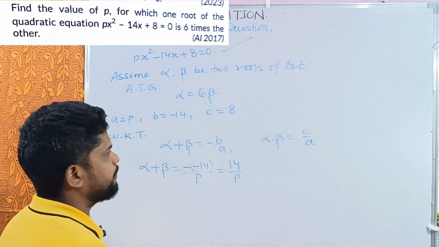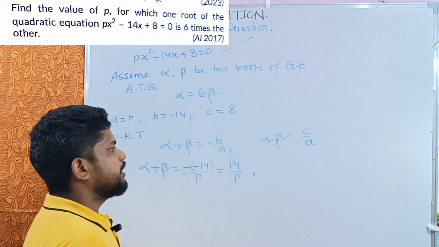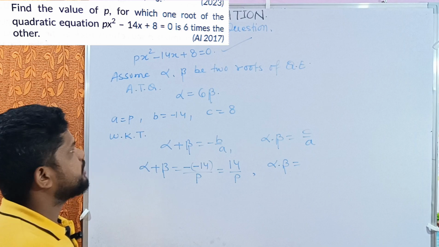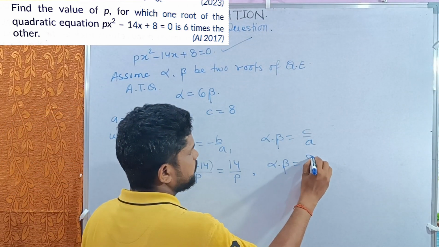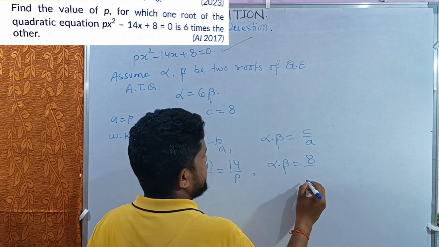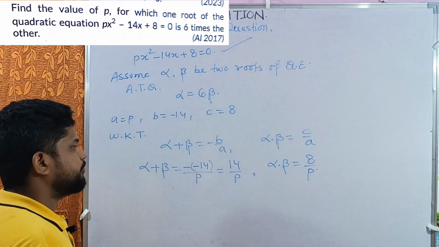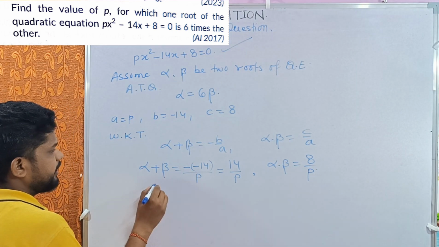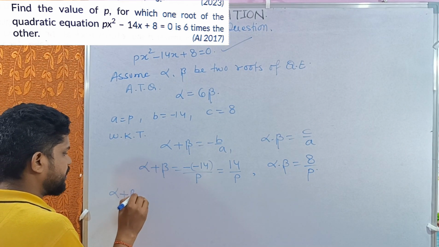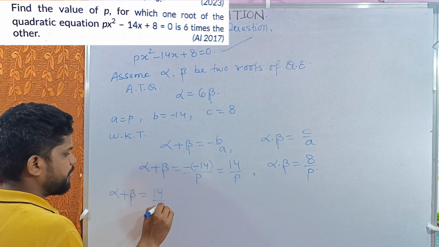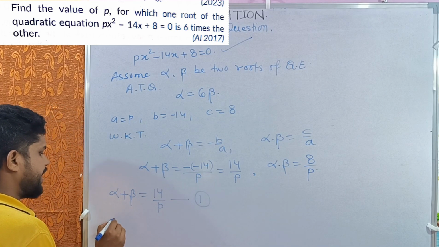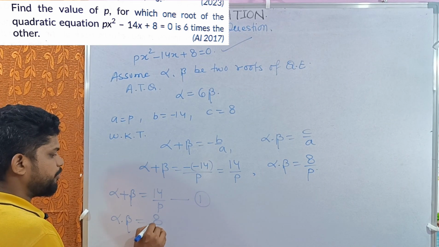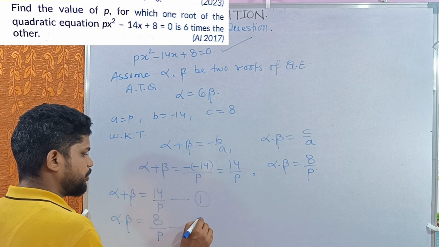On the other side, alpha dot beta is c upon a, which is 8 upon p. Taking alpha plus beta equals 14 upon p as equation number 1, and alpha dot beta equals 8 upon p as equation number 2.